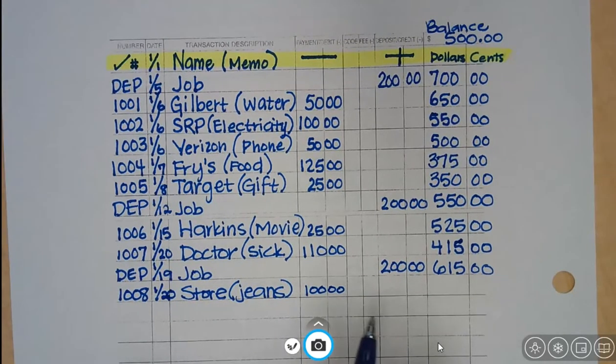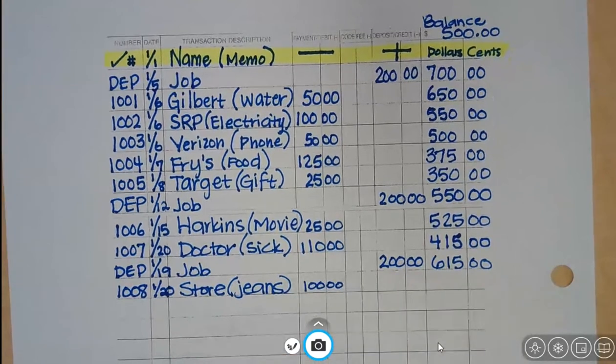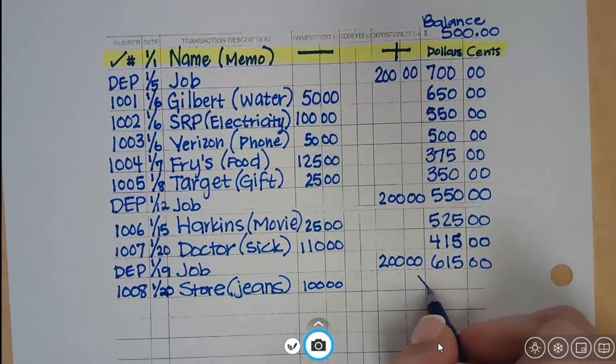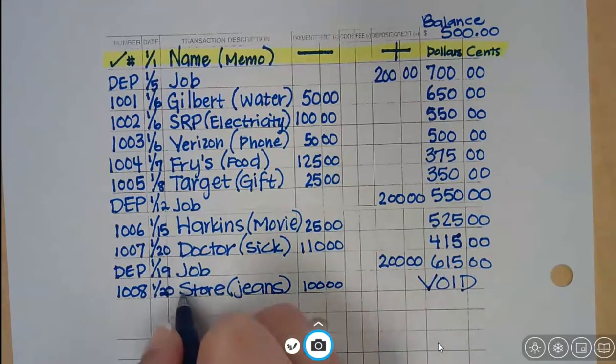So what would happen if I had $515 left and my rent was $550? I would overdraw my account. So instead of making that unwise choice, I said to the clerk, you know what? I'm sorry, I'm going to put these back and I'm not going to buy this.